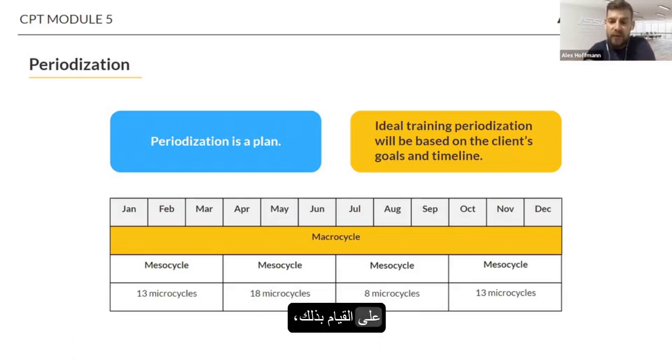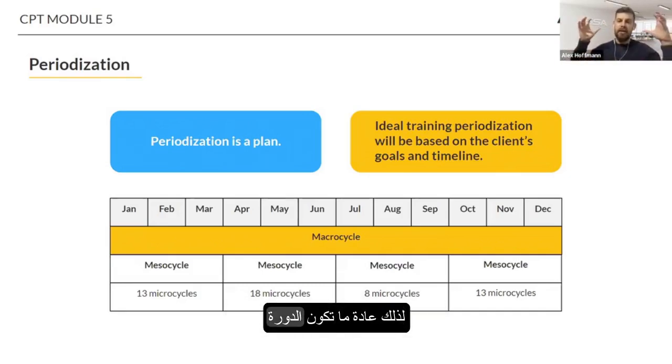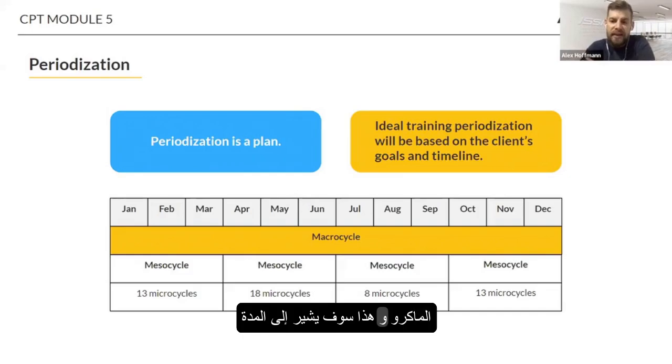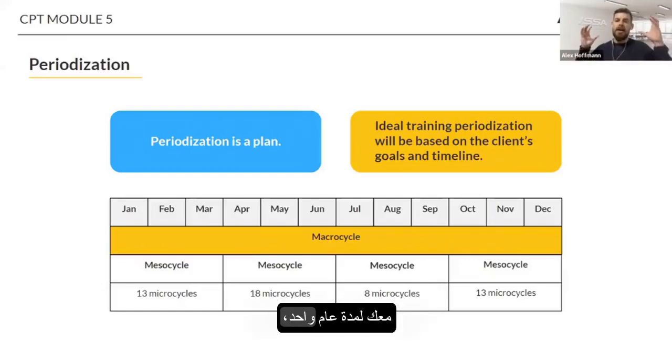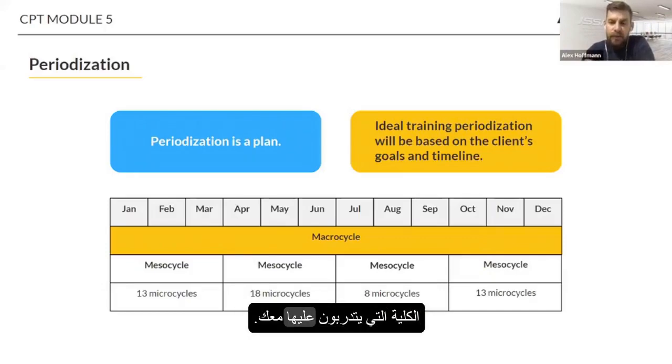Periodization helps us do that by breaking our training up into cycles. The major cycle that we have is the macrocycle, and that's going to refer to the entire duration of the program. So if a client's going to be working out with you for 1 year, that 1 year is the macrocycle that they are training with you.